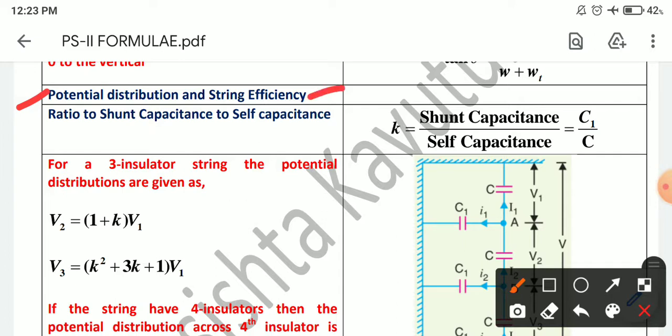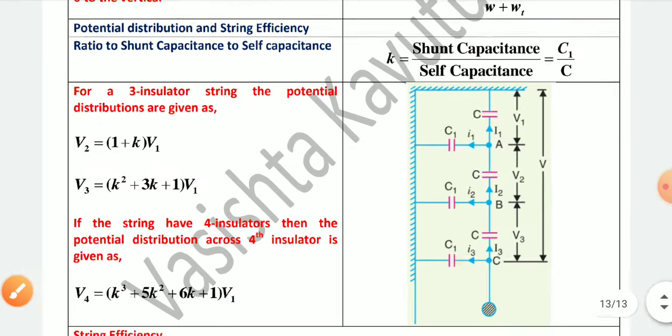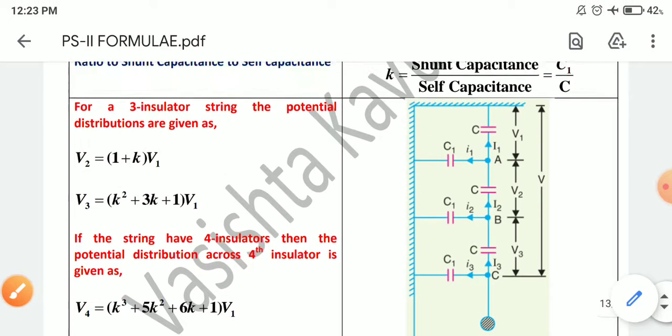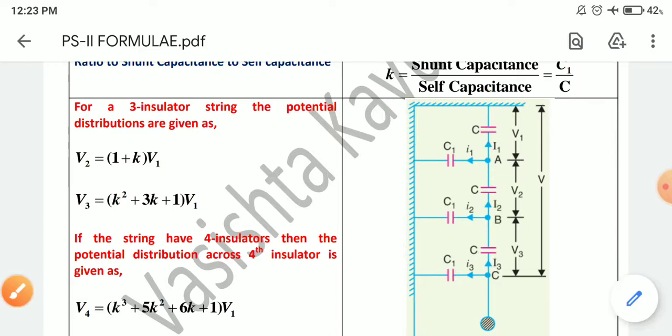Let us take 3 insulators which are suspended from the cross arm. This is the tower, and this is a cross arm, and 3 discs are suspended here using metal links. This is the position of the conductor at the bottom.